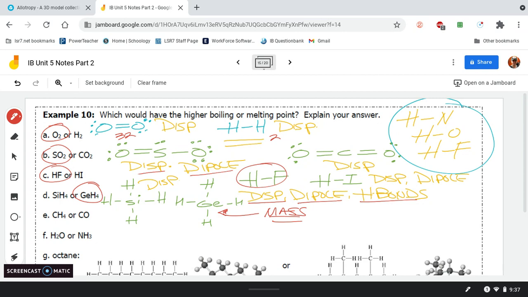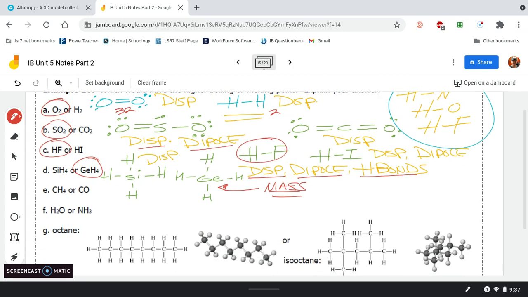Okay, CH4 or CO. Okay, I'm going to put those over here, running out of space. So CH4, methane, looks like this. And then CO is going to be polar.